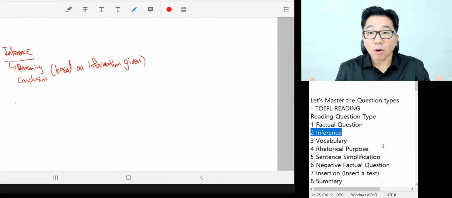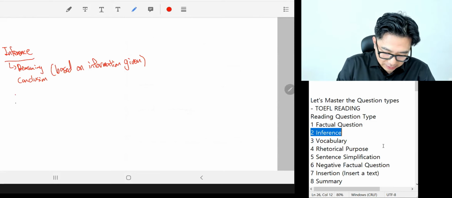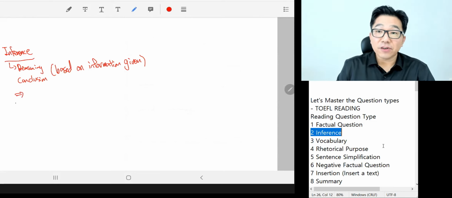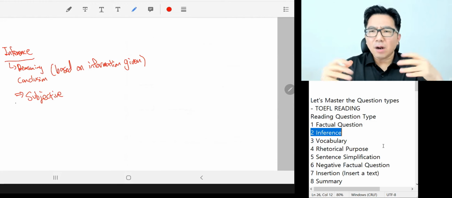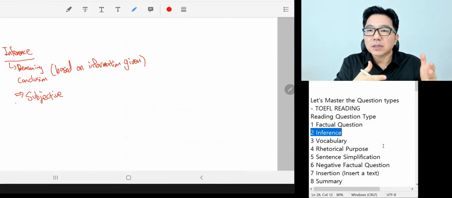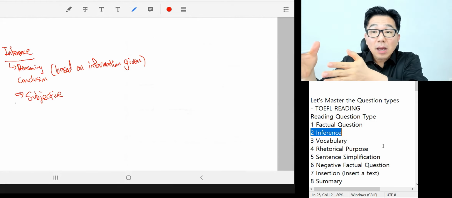Okay? So, in reality, could inference be a little subjective? Absolutely. In real life, I could make different inference based on same information.